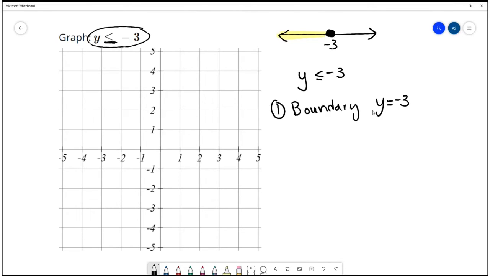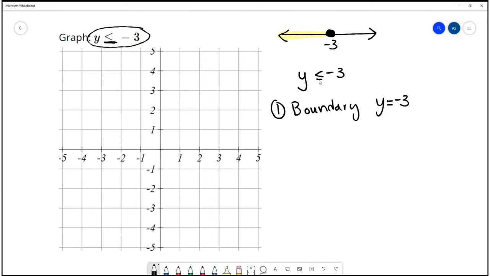But before we graph that line, I want to consider what that inequality symbol is. And if that inequality symbol is a less than or a greater than, we draw it using a dashed line. And that tells us that the boundary is not included. Now for this example, we have less than or equal to, and with that equal to, the boundary line is included in the solution set.